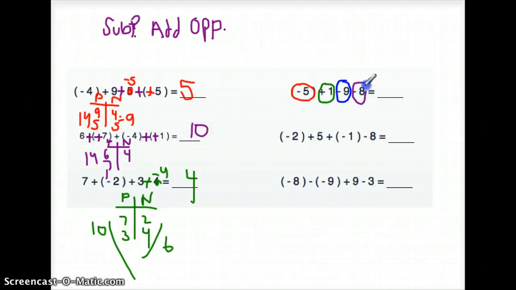Remember, the sign is always in front of the number. Now you're just going to put those into your scoreboard. Positive and negative. Okay, so positive is 1. That's the only one that's positive. Negative is 5, 9, and 8.